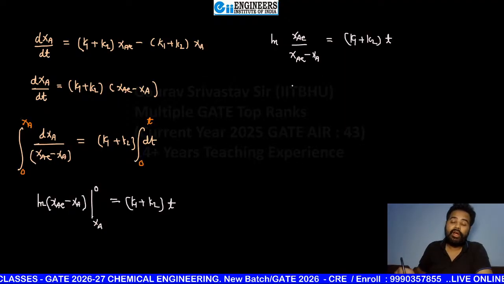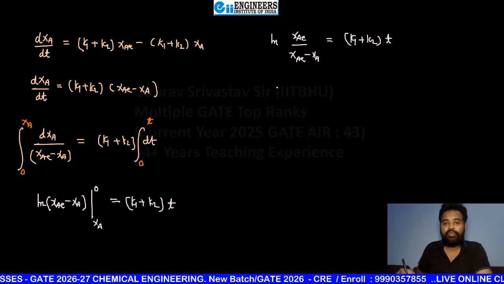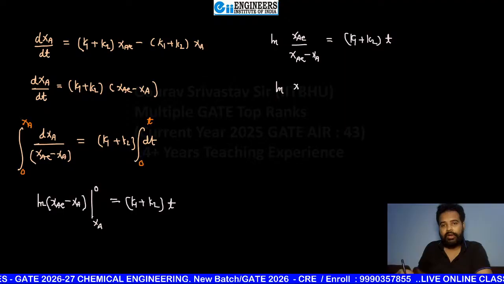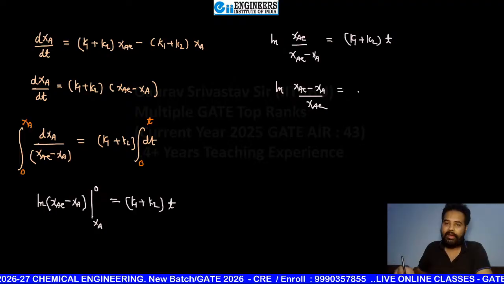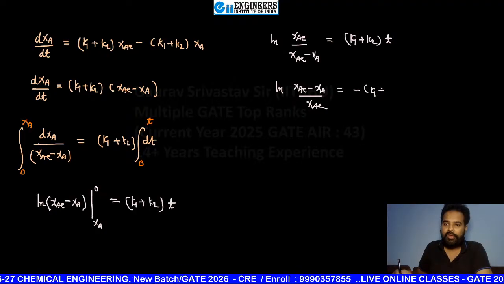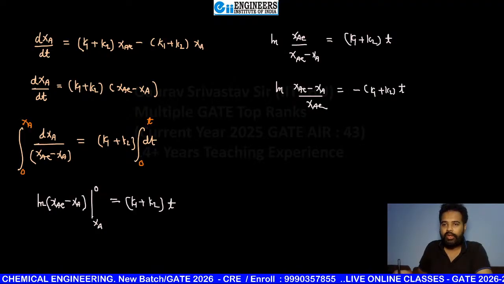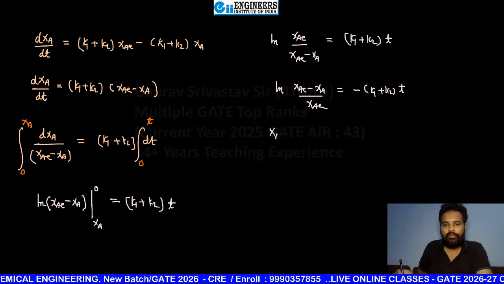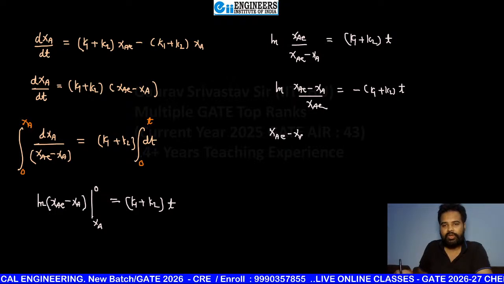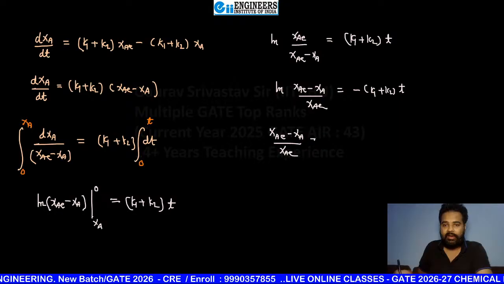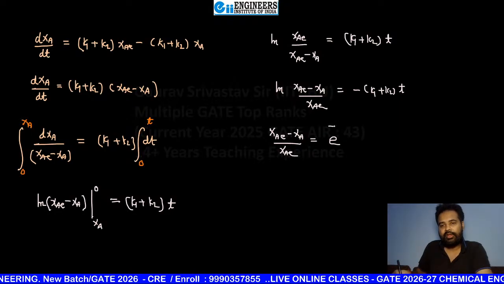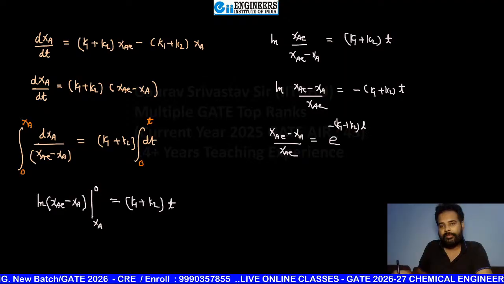Now you can multiply with a negative sign both sides, so it can be written as ln of (XAe minus XA) upon XAe equals minus (K1 plus K2) t. Now taking exponential both sides, the left hand side is (XAe minus XA) upon XAe, and the right hand side is e raised to power minus (K1 plus K2) t.